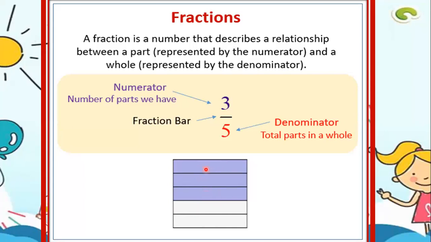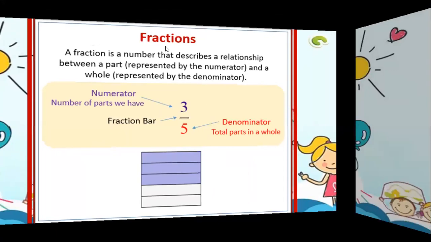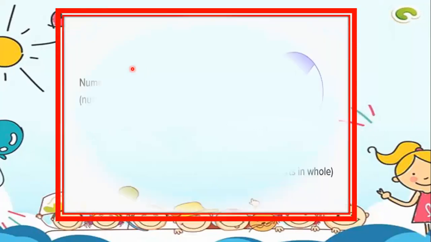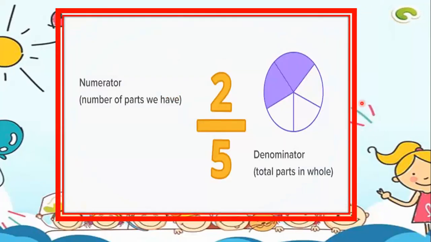So these 5 equal parts are the denominator, and the shaded part is 3 because the number of parts we have is 3. In this shape also, we have divided the shape into 5 equal parts, the denominator, out of which 2 parts are shaded.